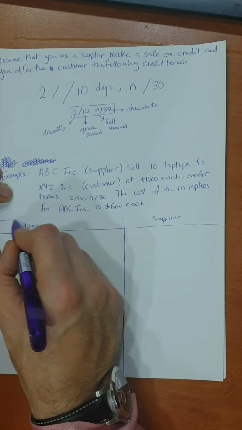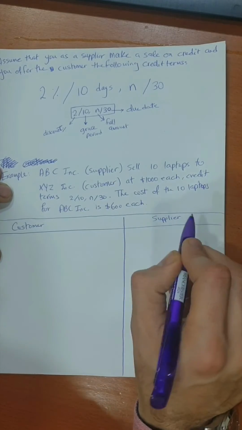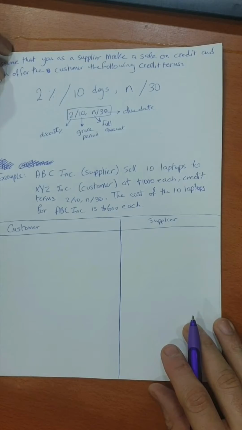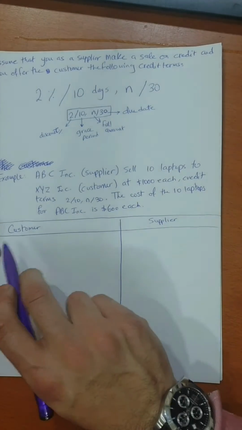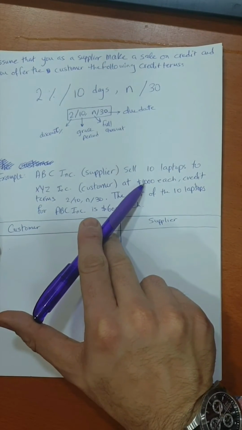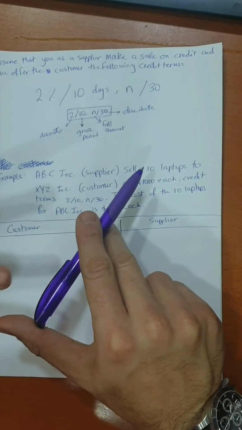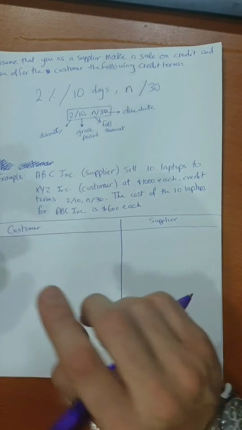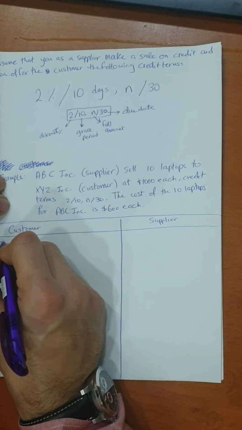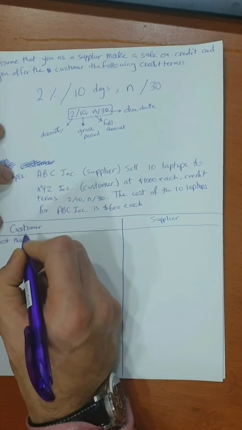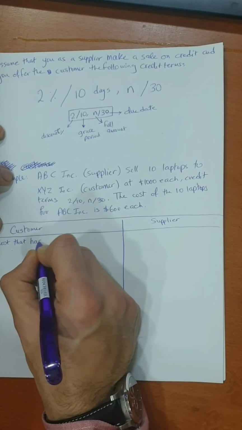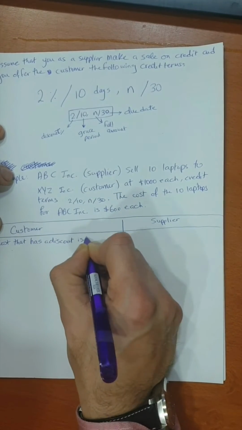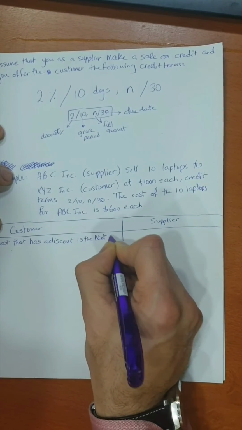Now we need to focus on one thing and keep in mind one thing, that the customer has the option to record these 10 laptops at two costs, one with a discount and another one without a discount. So the cost that has a discount is the net cost.